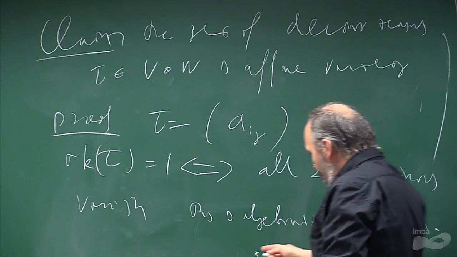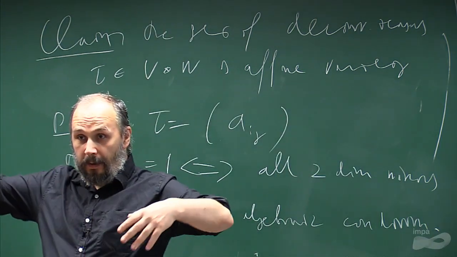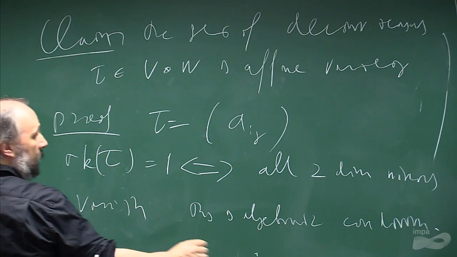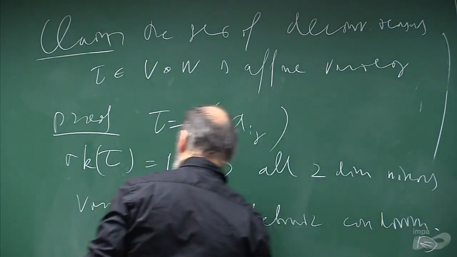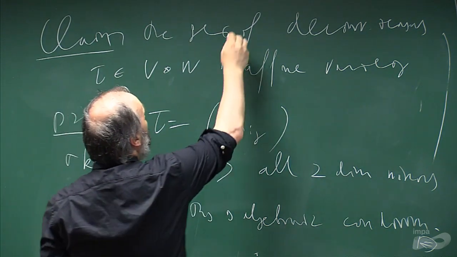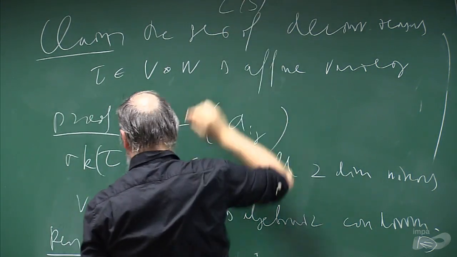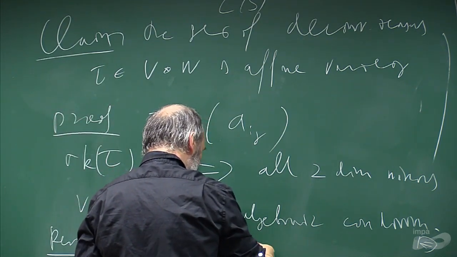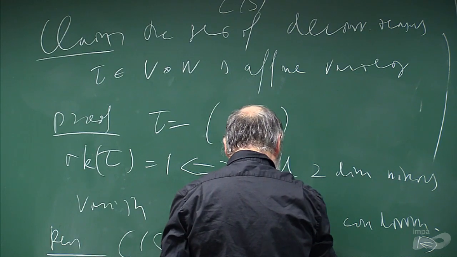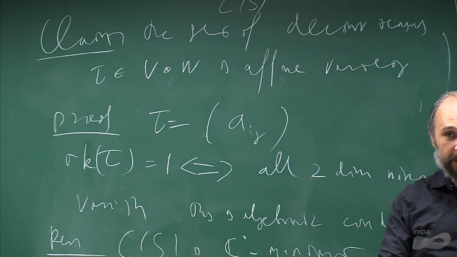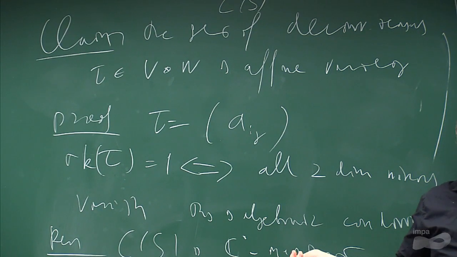Okay, but also this condition is invariant under scaling. So, a remark: this set, let's call it C of S, is C star invariant. In other words, if you have a decomposable tensor and you multiply it by a number, it remains decomposable, right?